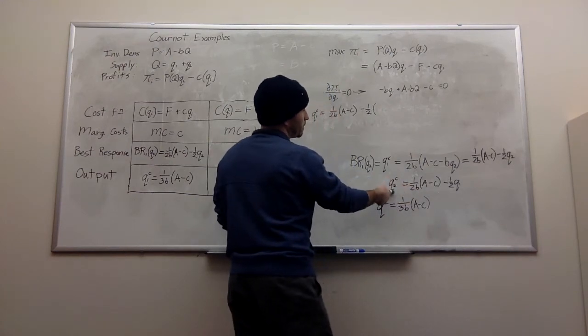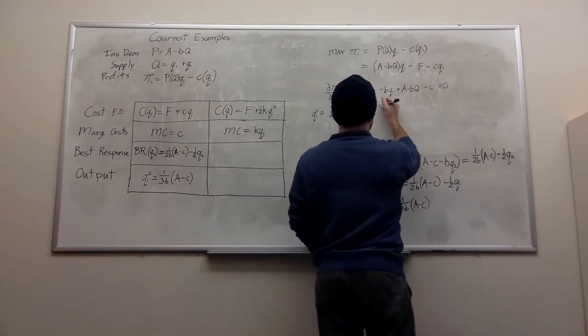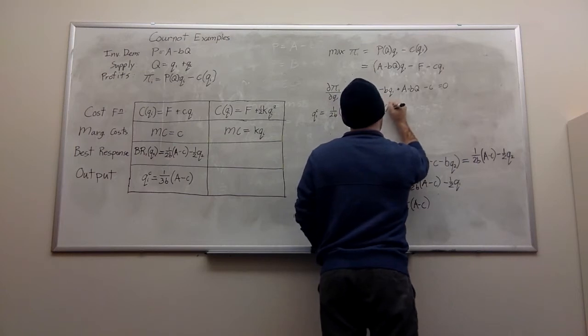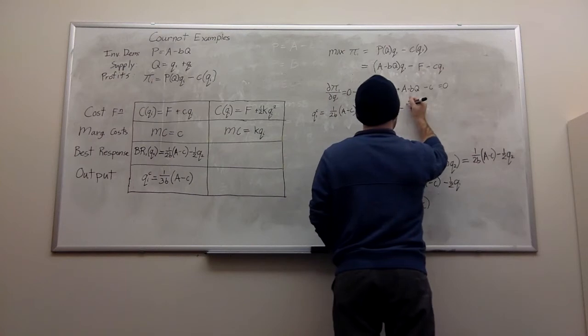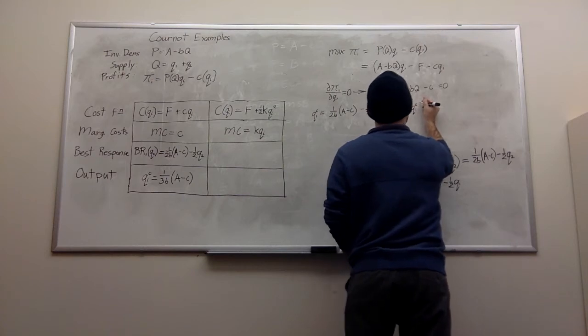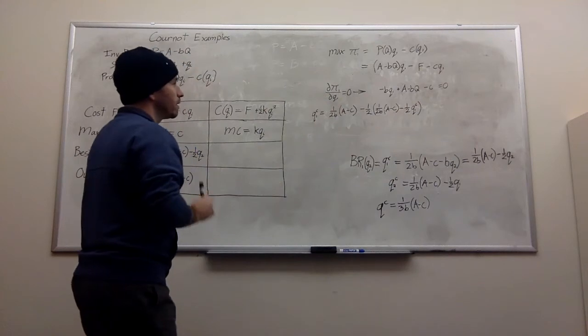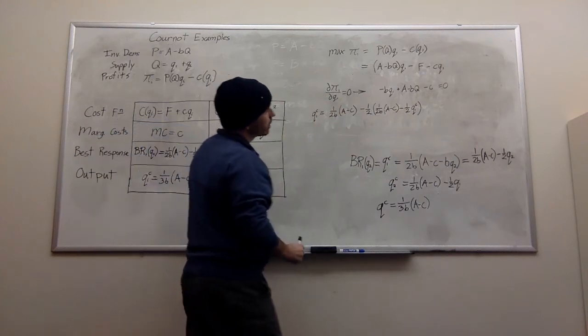So now plug in what Q2 is equal to, and I have 1 over 2b times A minus C minus 1/2 Q1. I'm going to keep that C there with that Q1.